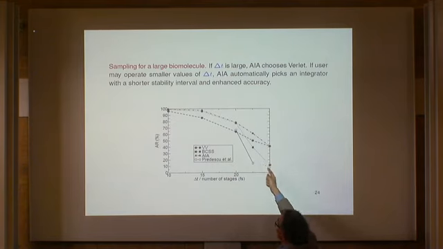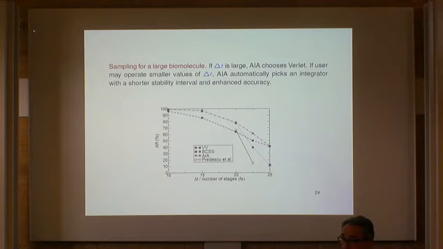And then the triangles are this adaptive scheme. So this is automatic. The user doesn't choose anything other than delta t. If delta t is 20 femtoseconds, those points coincide, the triangles and the circles. This means that automatically GROMACS has picked Verlet because it has decided that this delta t is very big for the problem at hand. Stability is the main consideration, other methods are not so good, so it picks Verlet.